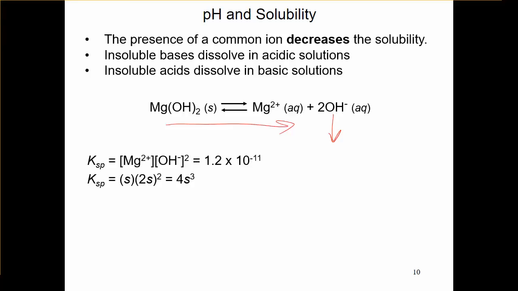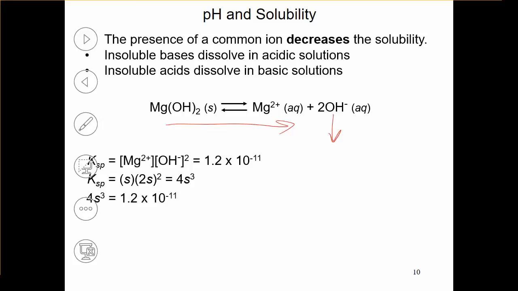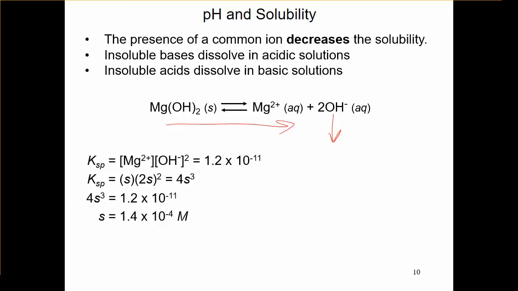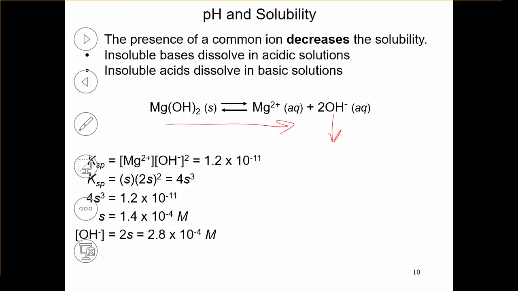So here for magnesium hydroxide, the KSP is 1.2 times 10 to the negative 11, so it's very insoluble. Here's my KSP, it's 4s cubed, so I can solve for s, and s will equal 1.4 times 10 to the negative 4. This is my molar solubility.